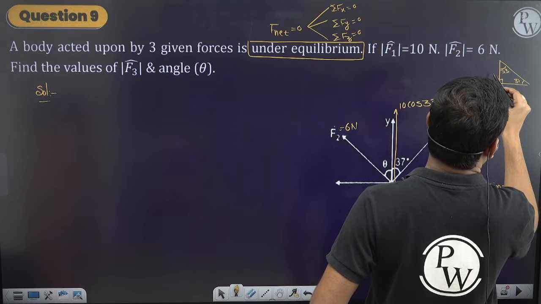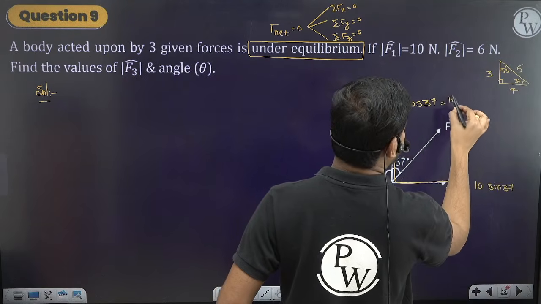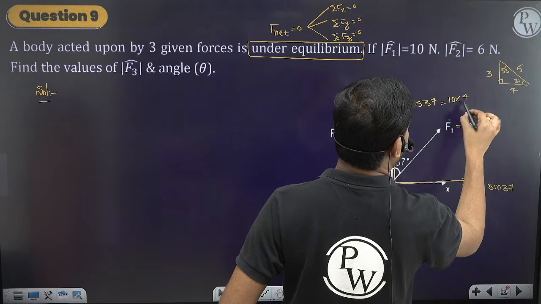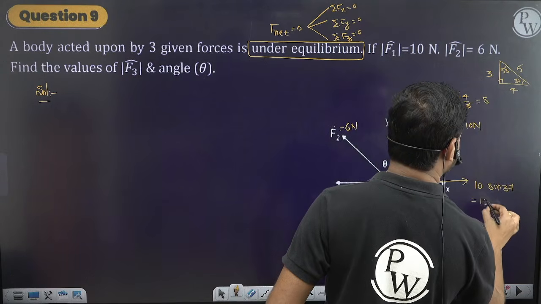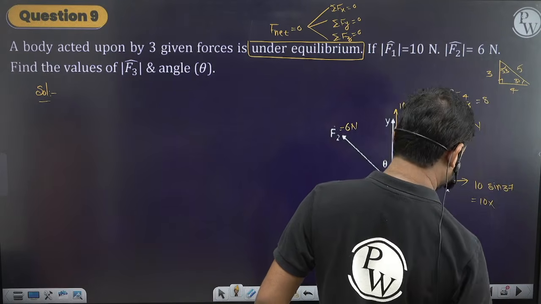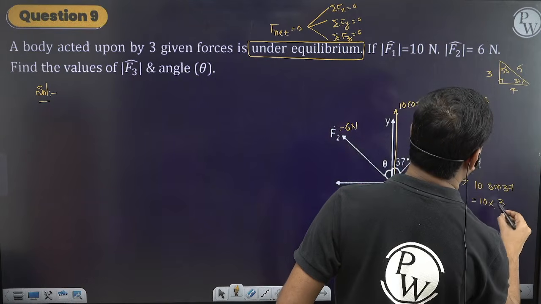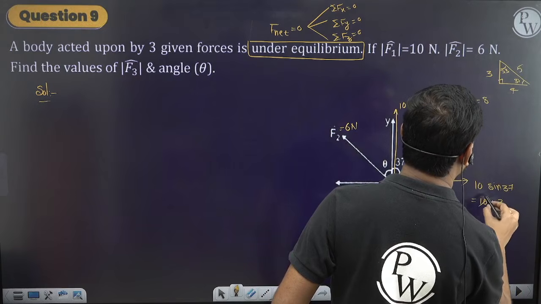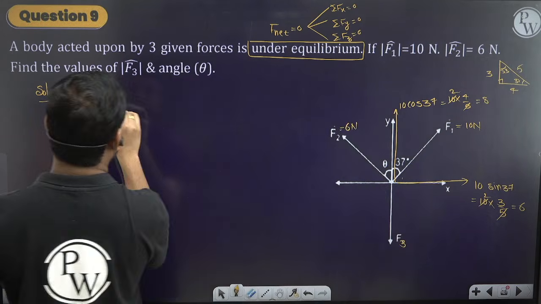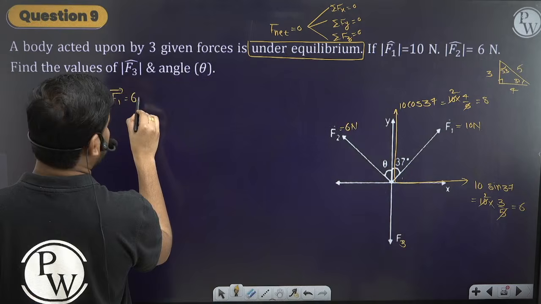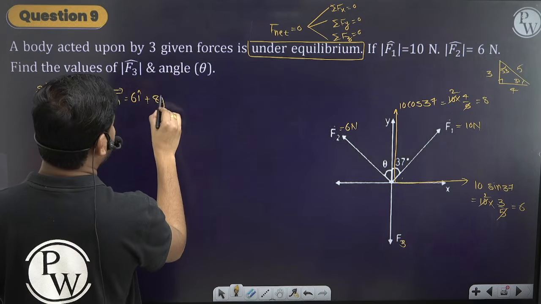Opposite to 37 is 3, opposite to 53 is 4, hypotenuse 5. So 10 into cos 37 is 10 into 4 by 5, which is 8. Then 10 into sin 37, opposite by hypotenuse, 3 by 5, so this is going to be 6. That means the F1 vector is 6 I cap on the right side, and upside it is 8 j cap. Let it be.